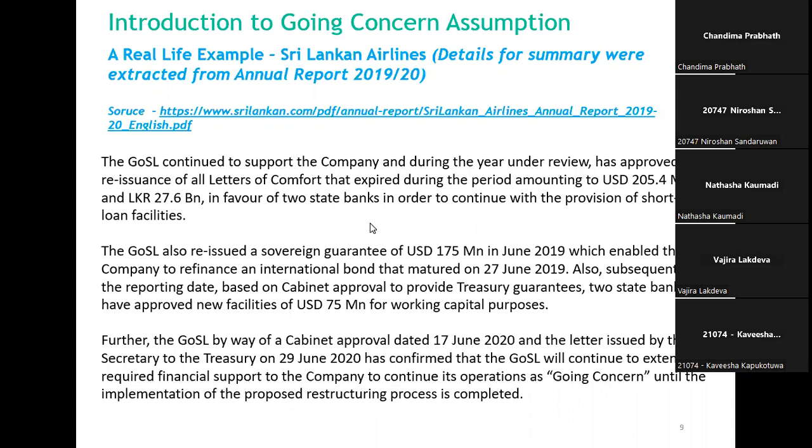But up to last year, based on the government letter of support, they continued to prepare the financial statements on the basis of a going concern, despite the events or conditions noted that may cause significant doubt about the entity's ability to continue as a going concern, right?